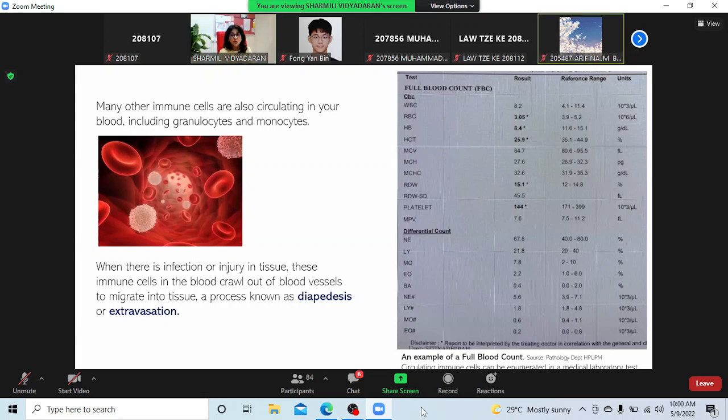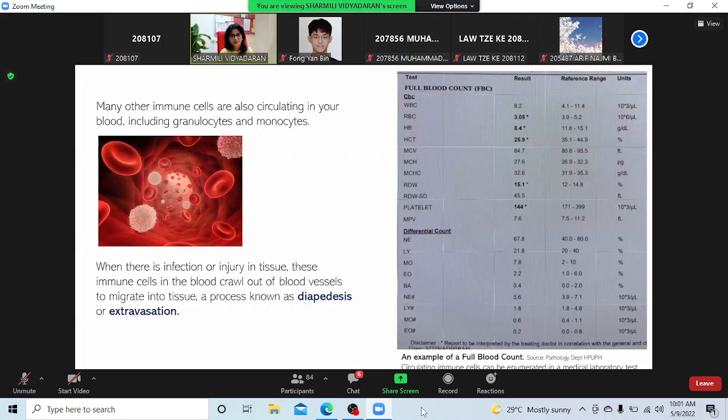So, instead of it being boring, oh my God, full blood count has neutrophils, actually there's a relevance there. You now know that the immune system and the immune cells like circulating in blood. And they are circulating in blood because they're looking to see if there's any problems. And what we do as the medical fraternity, because immune cells are circulating in blood and that's what they should be doing, we can use that as a tool to assess a patient's immune status.